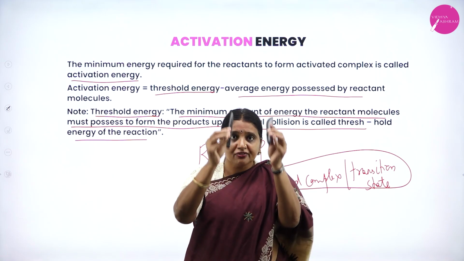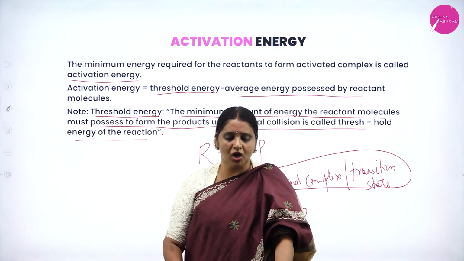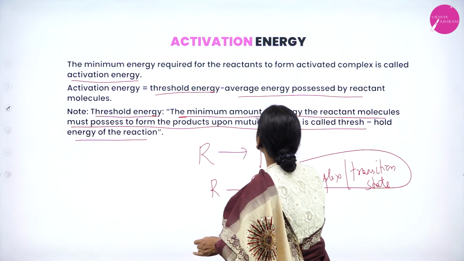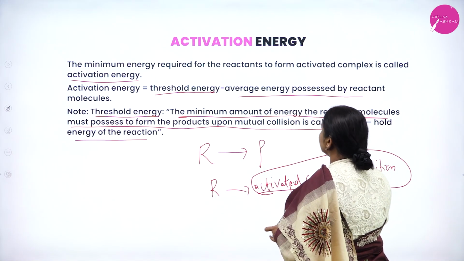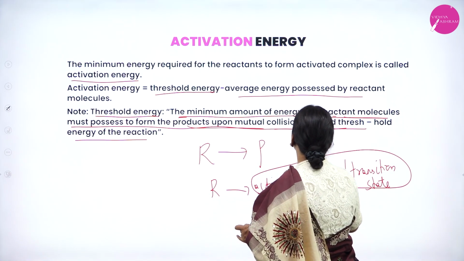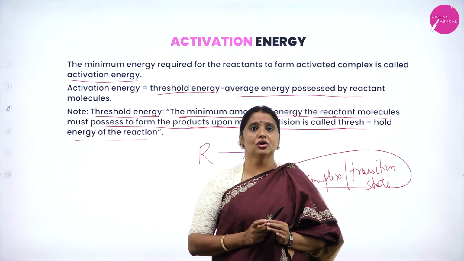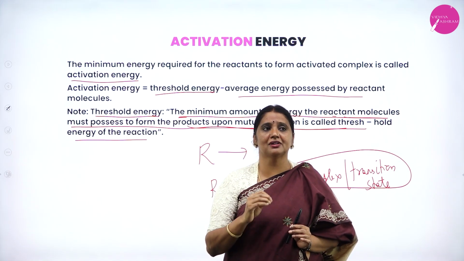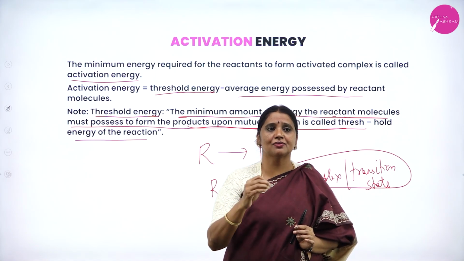This minimum amount of energy is called what? Threshold energy. Therefore, what is threshold energy? The minimum amount of energy the reactant molecules must possess to form the product upon mutual collision is called threshold energy.